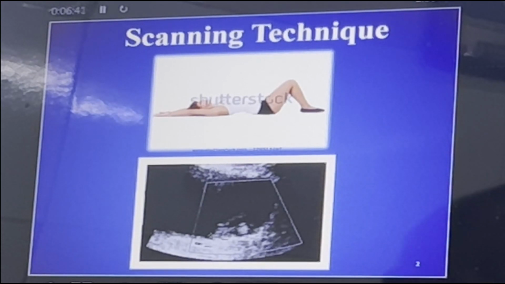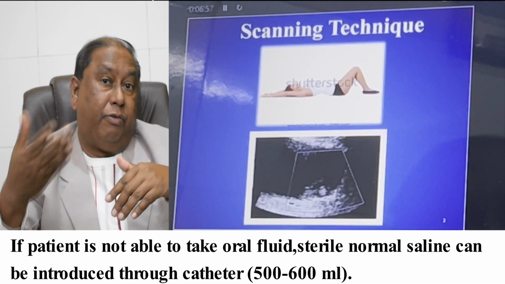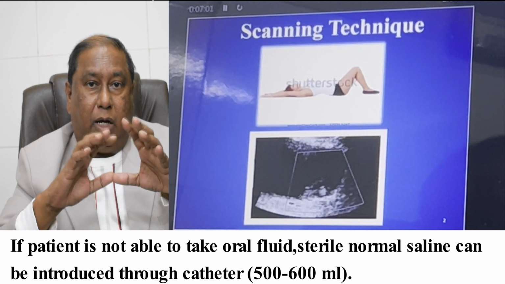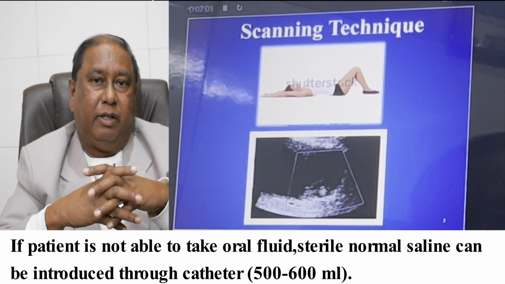I said it, again I am saying, the urinary bladder should be full at the time of visualizing. If the patient can take oral fluid, it's okay. If the patient cannot take oral fluid, you can push fluids like saline through the urethra, or you can give intravenous saline.